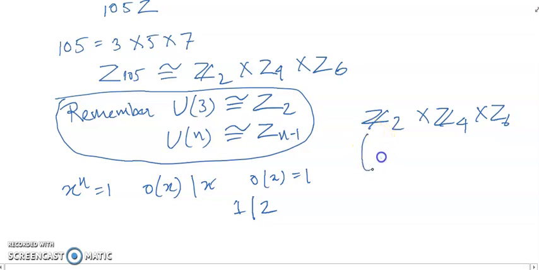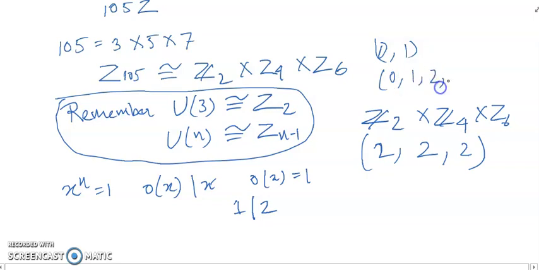By group theory, you get a total of 2 elements from Z2, 0 and 1. Sorry, in Z2 you get 2 elements, and in Z4 you get 2 as well. How? Because Z2 is 0 and 1, and Z4 is 0, 1, 2, 3.